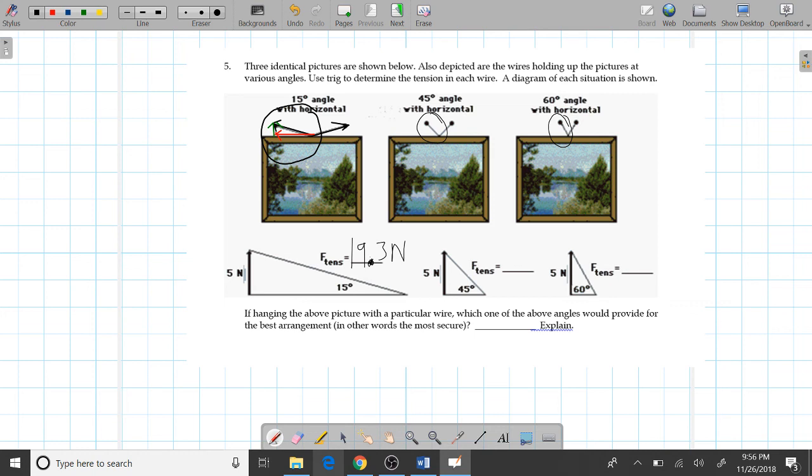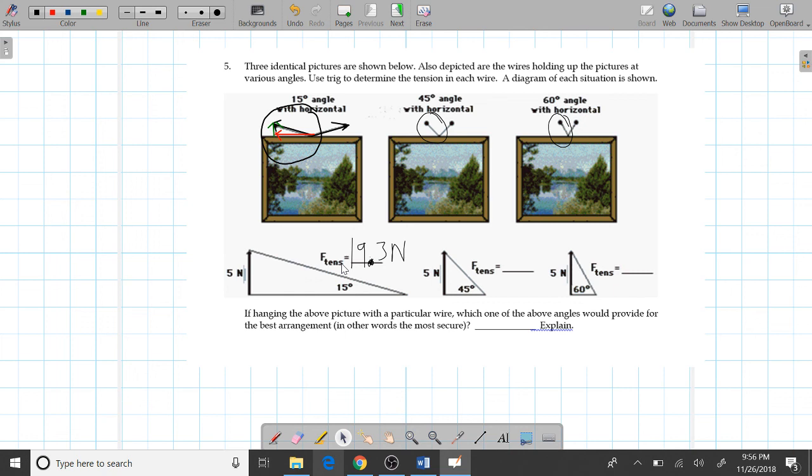Think about this logically. If you're hanging pictures, you want to produce the smallest amount of tension possible on these wires, because the less tension acting on the wires, the less likely they are to break. If the wires don't break, the pictures won't fall, and that's when the picture is most secure.